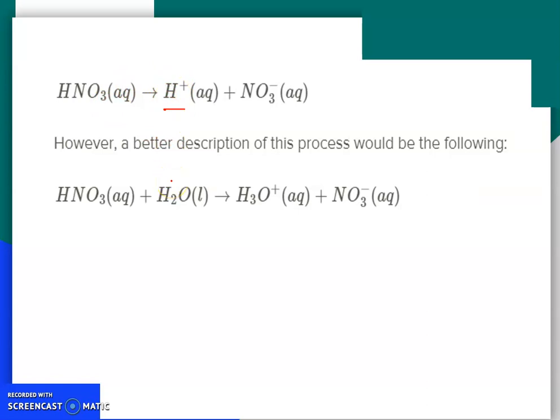Remember, our Bronsted-Lowry acids and bases are occurring in pairs. So really what's happening is the nitric acid is donating a proton to the water, all right? And that's where we're getting our hydronium ion and our nitrate ion, okay? So just keep that in mind: sometimes we'll use just the H plus as a shortcut, but what we usually mean is it's a hydronium ion.